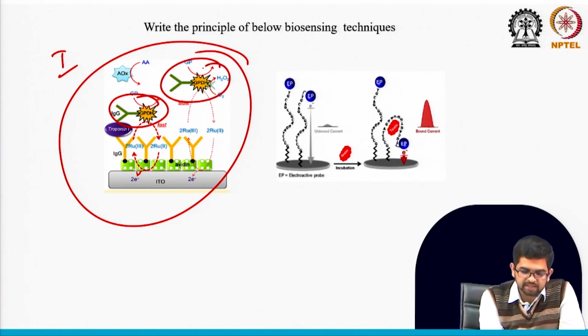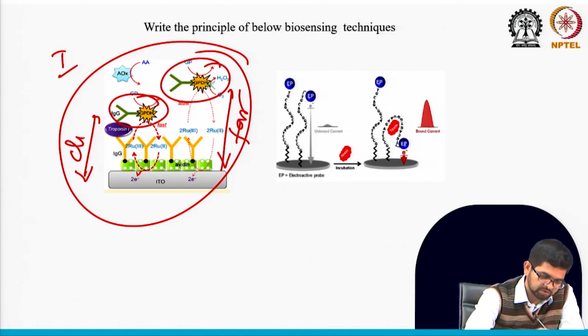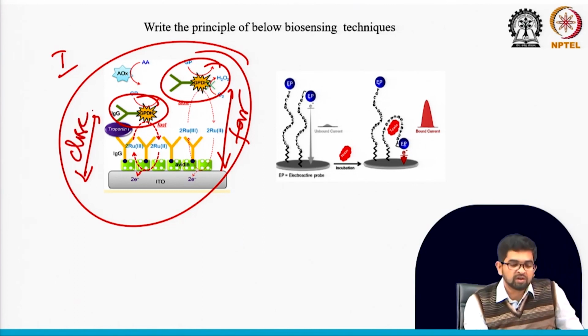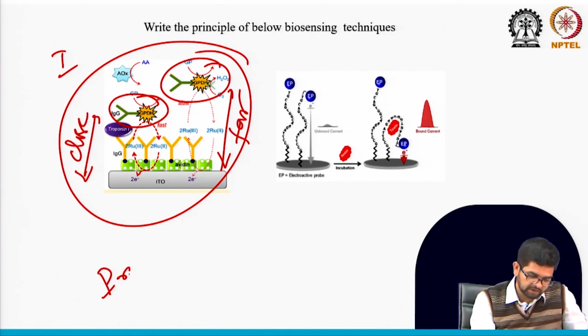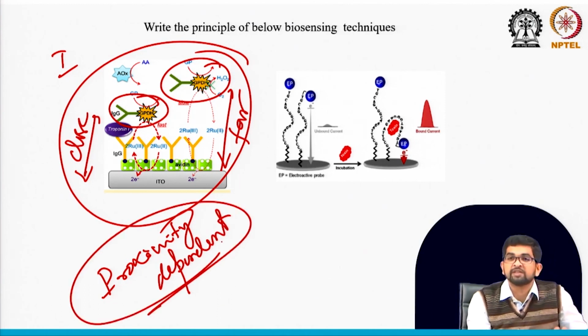And here the secondary antibody conjugated with the enzyme is very far from the surface. Here far and here very close. So, it is called proximity dependent. Proximity dependent, right? So, this is the principle of the biosensing development.